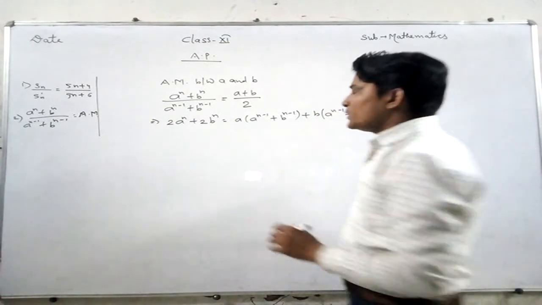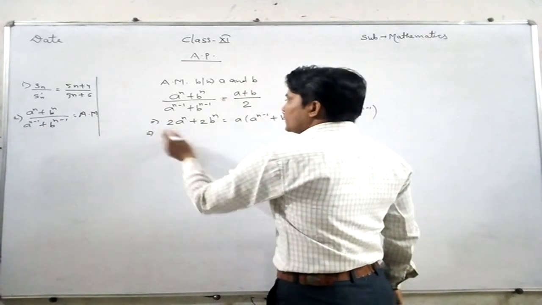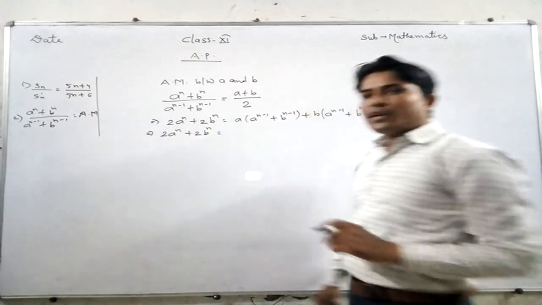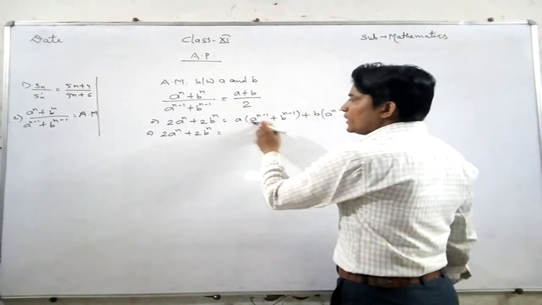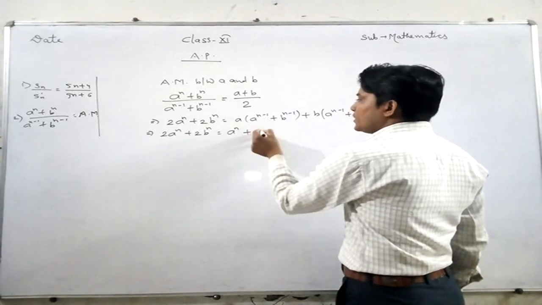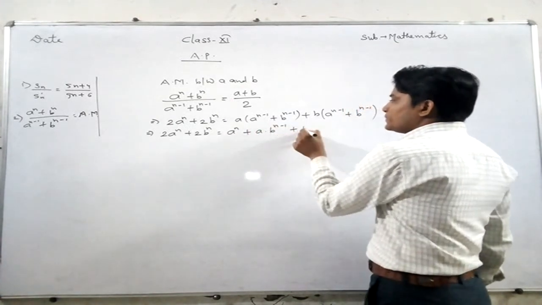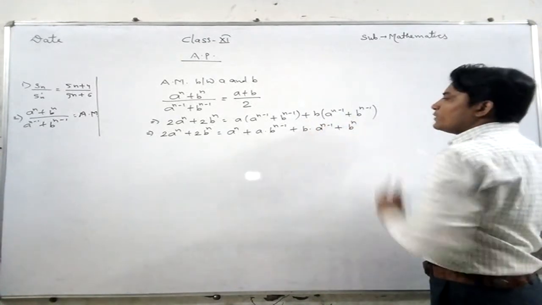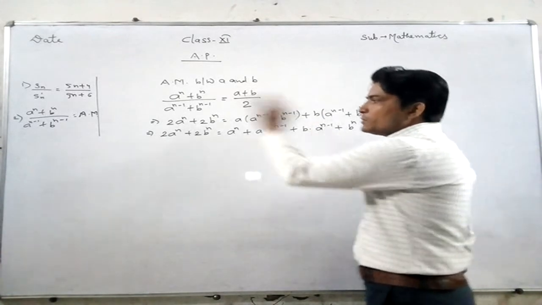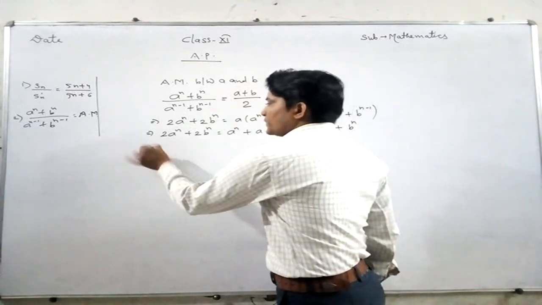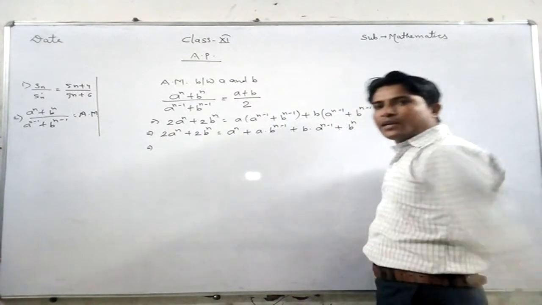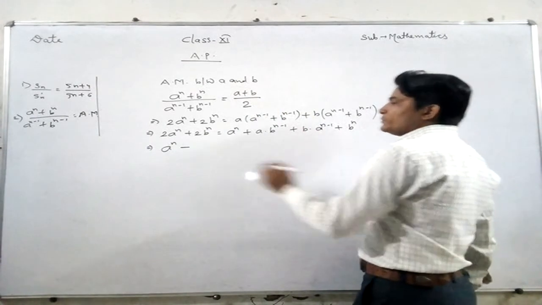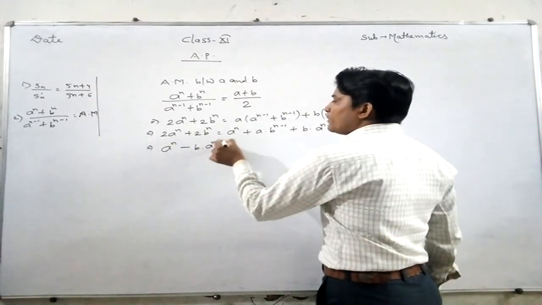If we simplify, 2an plus 2bn equals an plus a times bn minus 1 plus b times a to the power n minus 1 plus bn. Transferring all terms to the left side, 2an minus an is an, minus b times a to the power n minus 1.